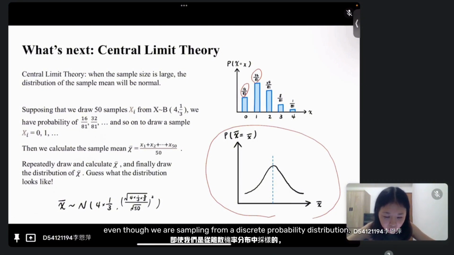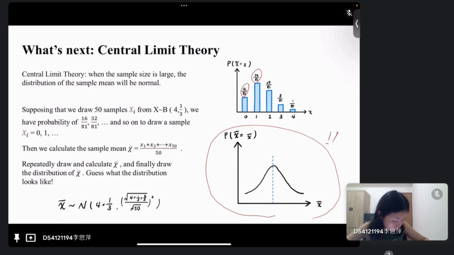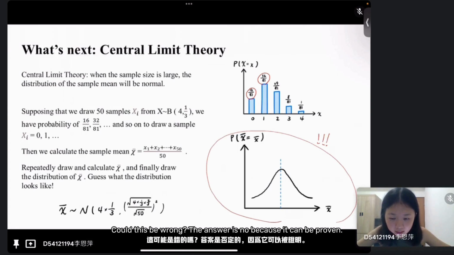Remarkably, even though we are sampling from a discrete probability distribution, the distribution of the sample means forms a shape that resembles a normal distribution, which is a continuous probability distribution. This is the fascinating part. Could this be wrong? The answer is no, because it can be proven.